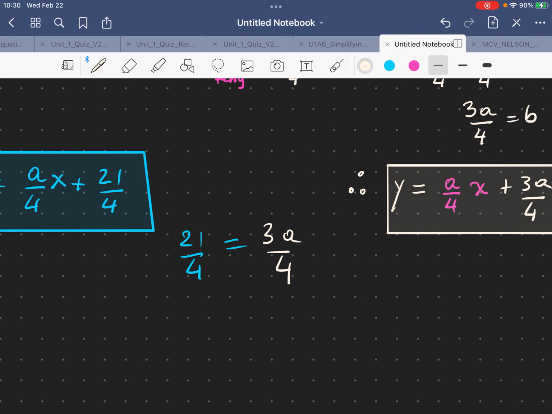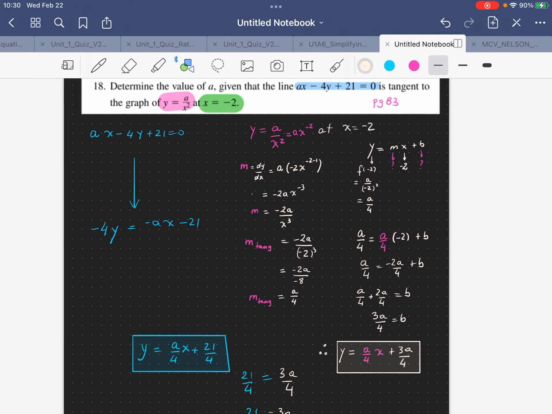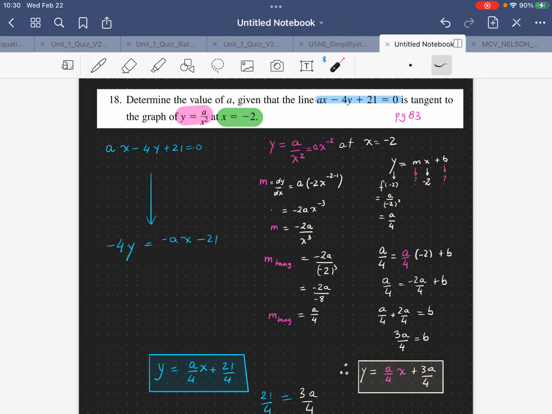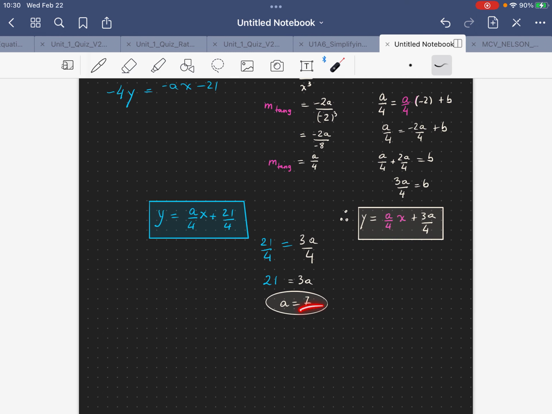So therefore, by multiplying both sides by 4, you can see that 21 equals 3a, which will make the value of a equal to 7. Therefore, for the tangent line to be in the form ax minus 4y plus 21 equals 0, drawn at x equals negative 2 on this function, the value of a has to be equal to 7.